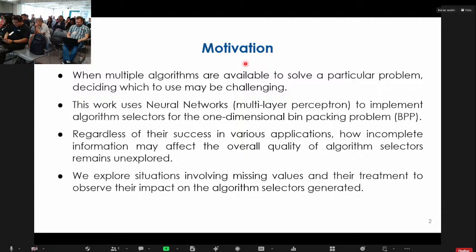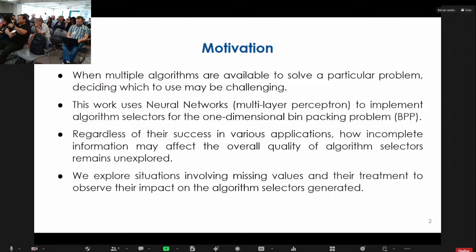So for this work, we are going to use neural networks, the multi-layer perceptron, to implement an algorithm selector for the one-dimensional bin packing problem. The heuristics are passed to a classification table. And for the neural network, we didn't do any hyperparameterization.